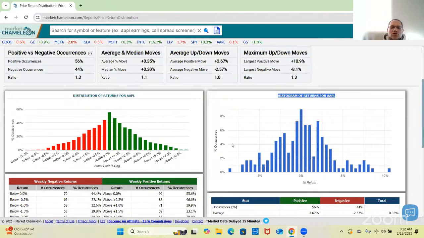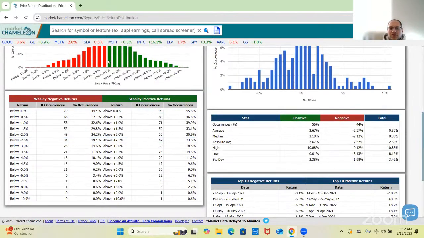If we wanted to come down here and look at a table, this is a graph of this table. The positive moves in 1 week above 0. See 99 observations, 55.6% of our observations went to the upside, 44% to the downside.